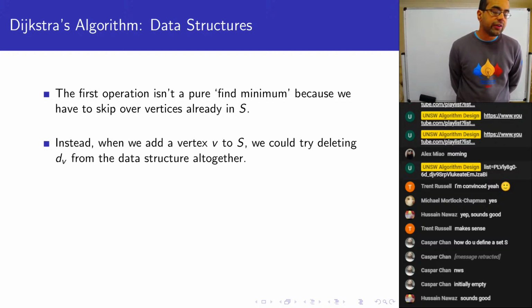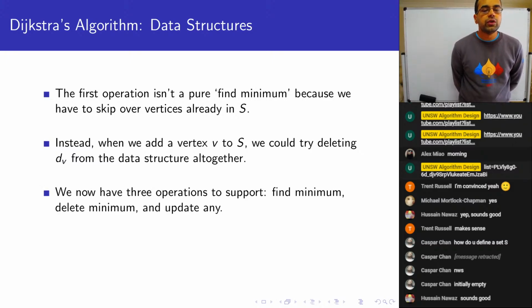As soon as we add vertex v to S, we don't want to consider this dv for the minimum anymore. It's no longer a candidate. So what we'll do is delete this value dv from the data structure containing the d values. Once we do this, we will now actually be looking for the minimum of the remaining dv's in the next step. So we've now changed our 2 operations into 3.